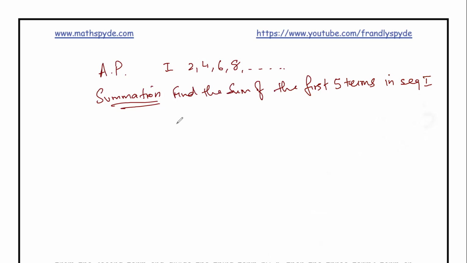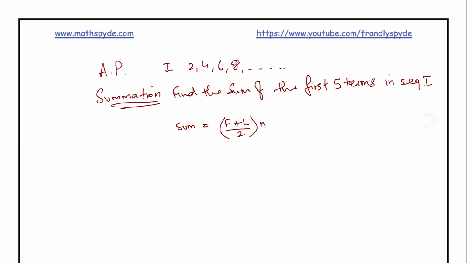So the summation formula is first term plus the last term divided by 2. That's basically taking the average, into the number of terms n.